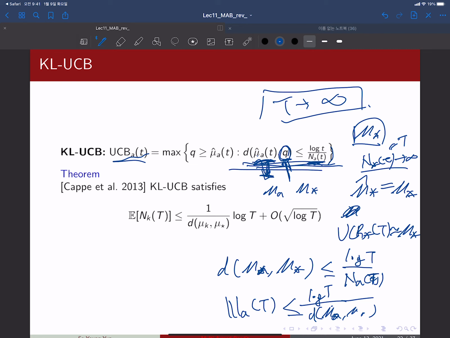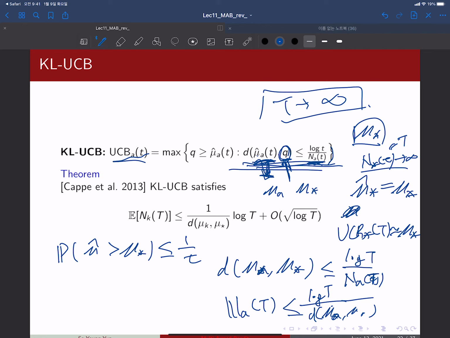Here we define the upper confidence bound so that the probability that mu hat is bigger than mu star is less than or equal to 1 over t.